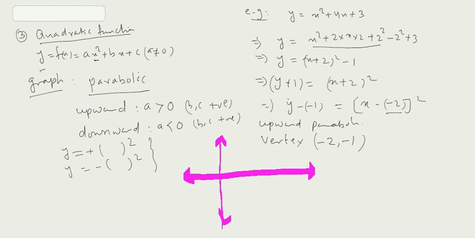Here it is. So if I plot it in this manner, this is 1, 2, minus 1 and minus 2, then this is minus 1, this is also minus 2, so minus 2, minus 1 is the vertex of the parabola and it is an upward parabola. So let me extend this line.